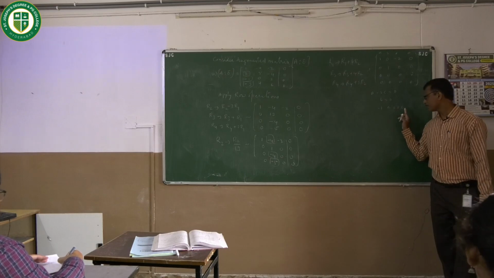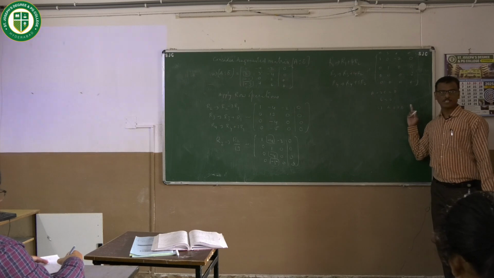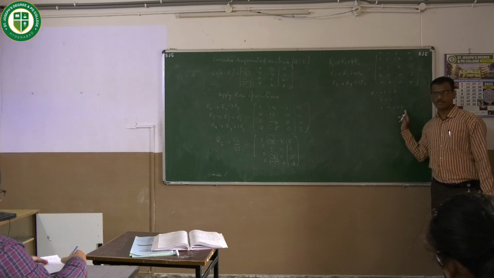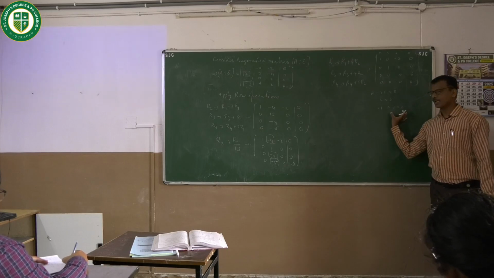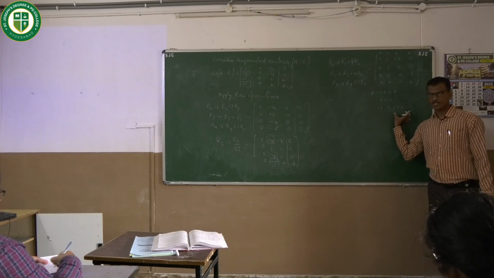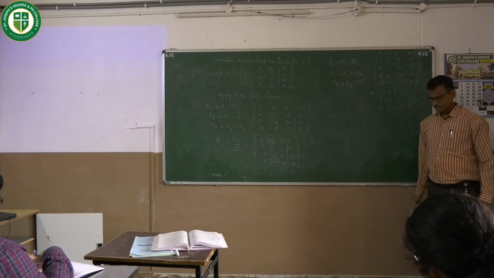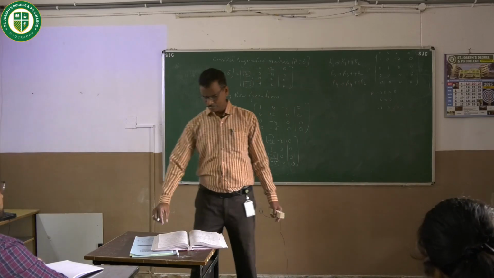If you keep C equal to 0, then A equal to 0. That is a possibility. But it is not only the possibility of C equal to 0 and A equal to 0, because there are non-zero values. So infinite solutions. Write down here.